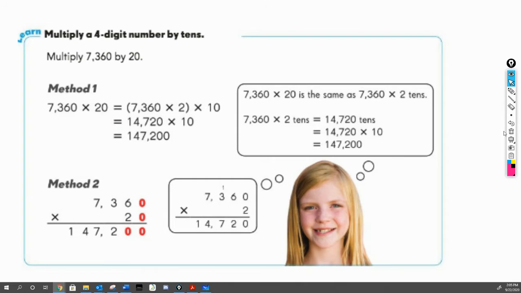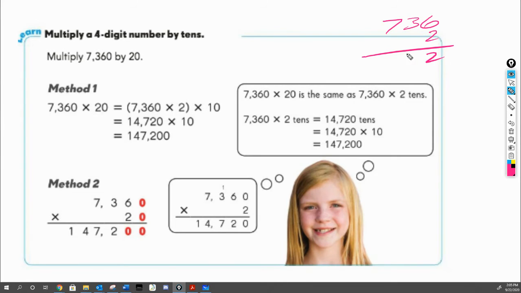You multiply four-digit numbers by tens, kind of doing a lot of the same things. You could do that 7,360 times 2, or you could simply do the 736 times 2, get that 1,472, then tack 2 zeros there, that's your answer. Okay, because a 10 times a 10 means you're multiplying this whole thing by 100.